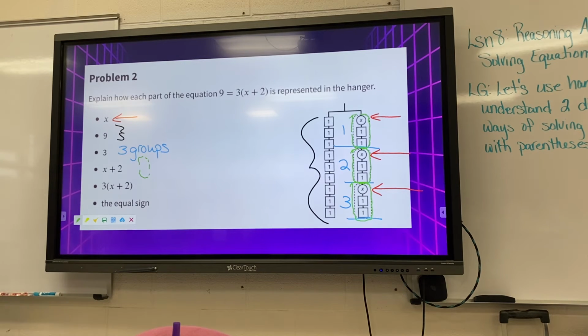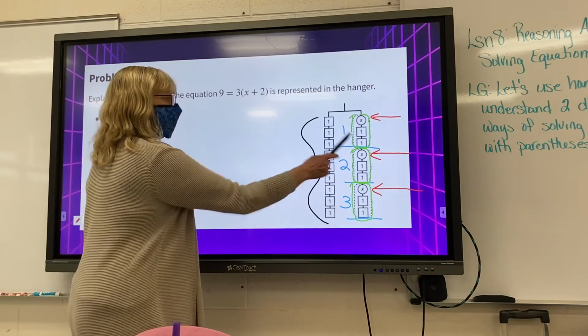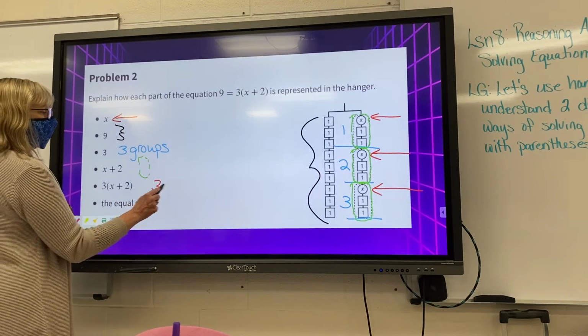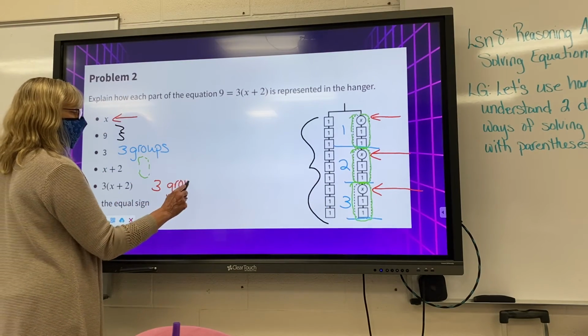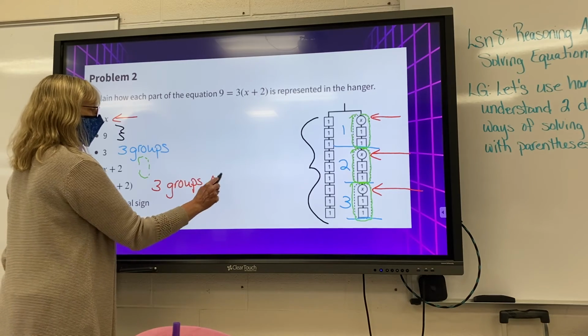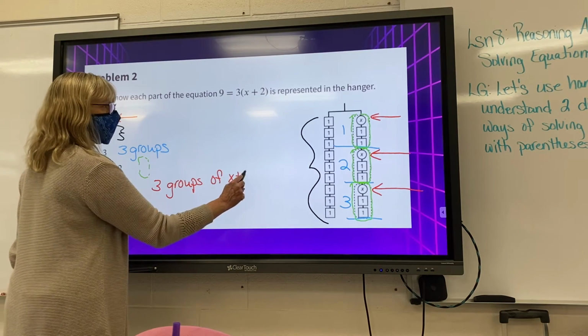Where is 3 times the sum of x plus 2? On the right hand side, it is 3 groups of x plus 2.